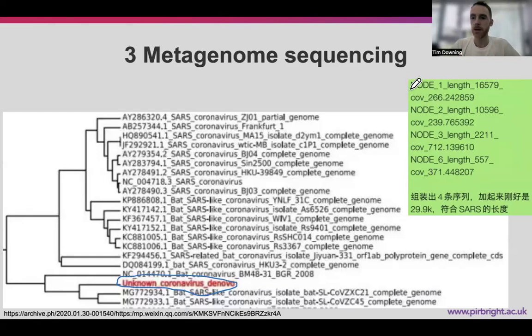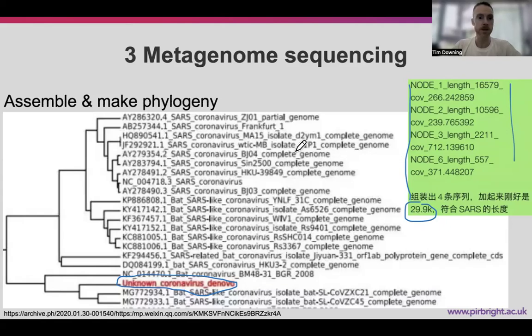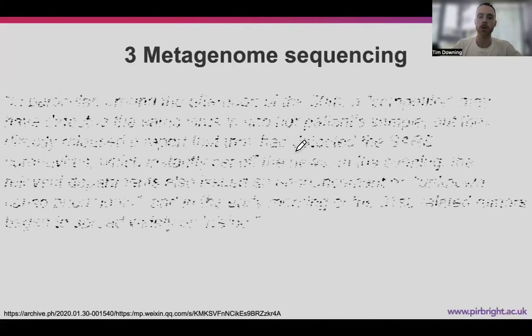And you can see here that they did de novo assembly to identify the genome length of being just under 30 kb, which is a typical beta coronavirus length, and to extract good context from that to explore better its biological properties. So that's kind of standard things you want to do with metagenomics. You have partial information, perhaps, and you might want to assemble it to identify its evolutionary origins.